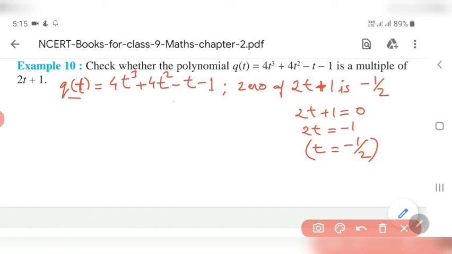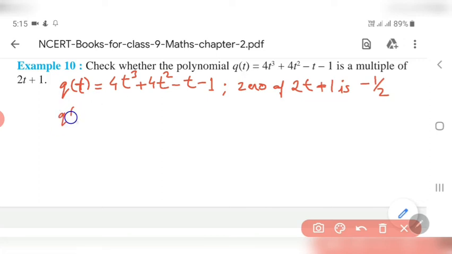And after placing all the values of t with −1/2, if you are getting a remainder of 0, then only we can write that 2t + 1 is a factor of q(t). So let's see.